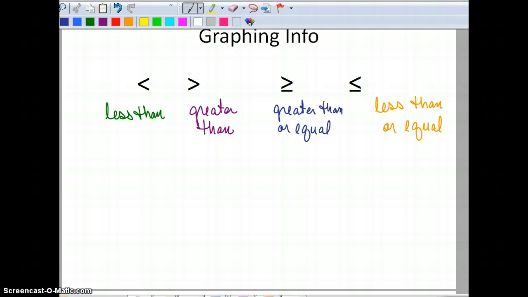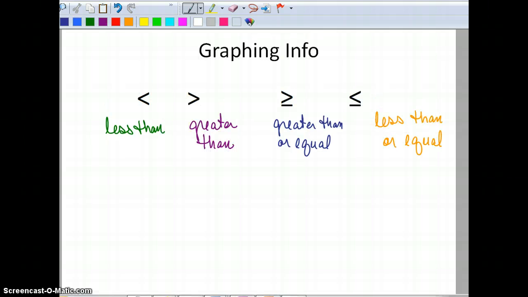Okay, so just to go over these symbols again, this is the symbol for less than, this is the symbol for greater than, and when I graph either less than or greater than, on my number line, I am going to have an open circle, and that simply means that the number I'm talking about, like if I had x is less than 5 like the previous example, that 5 is not included in my solution.